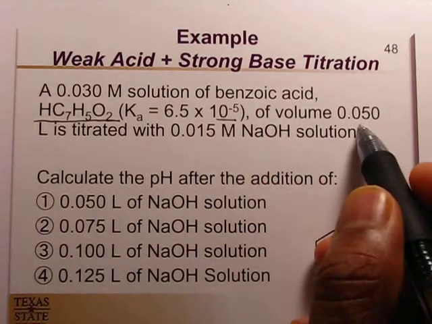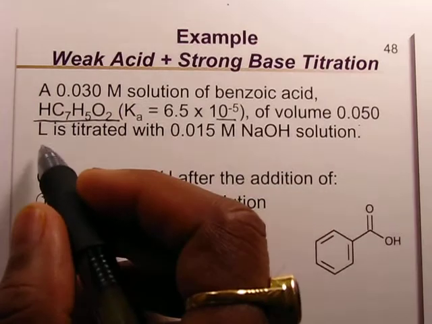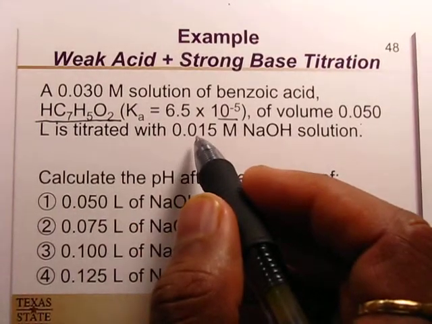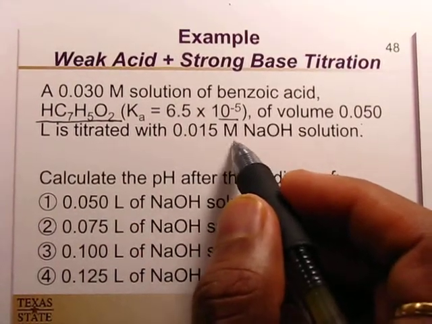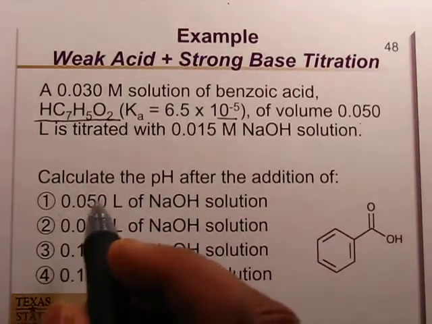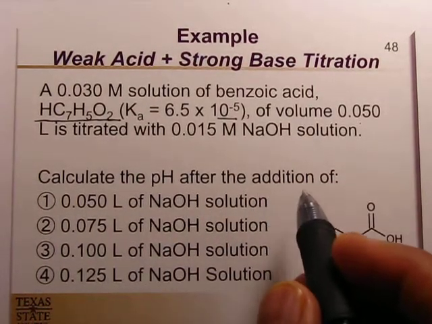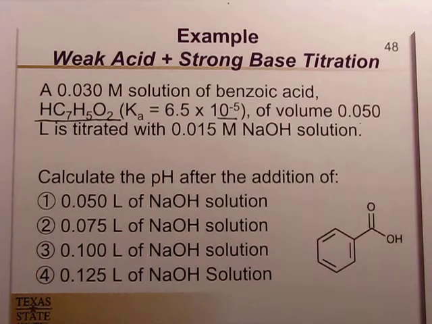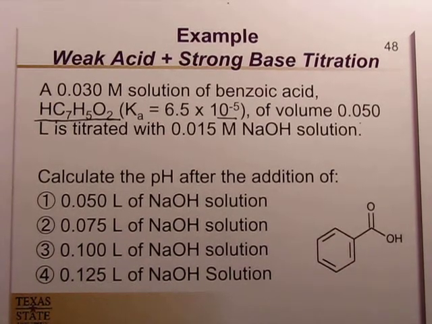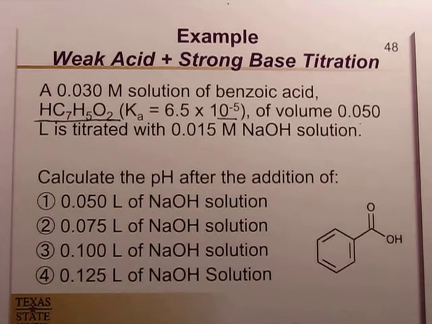A volume of 0.050 liter is titrated with 0.015 molar NaOH solution. Calculate the pH after the addition of four different volumes of NaOH. Let's start to solve this question.